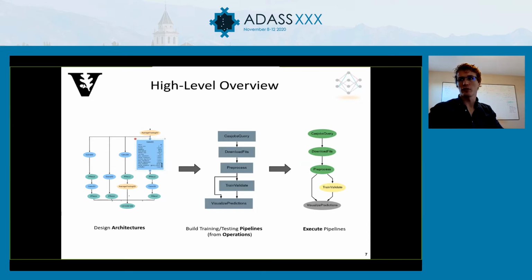If you're not, don't worry about it. After querying metadata for various spectral data, the second operation is going to download some of the image content associated with the metadata, then do a pre-processing step, a train and validate step, and then visualizing the predictions.